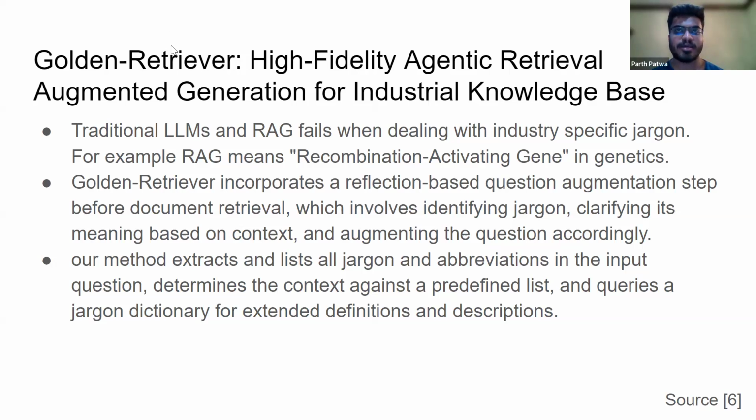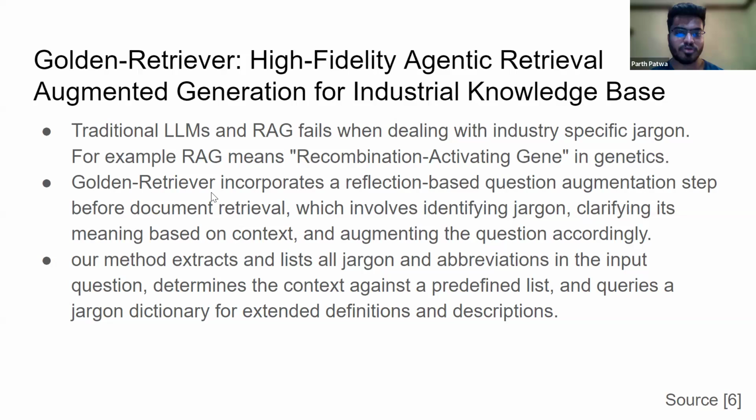Golden Retriever is one. I like the title of the paper. The problem statement they define is that if you are in an industry setting, with some company-specific data, then there is jargon in that industry which is often not covered by the pre-training of LLMs. For example, RAG might mean recombination activating gene if we are looking at the genetic domain.